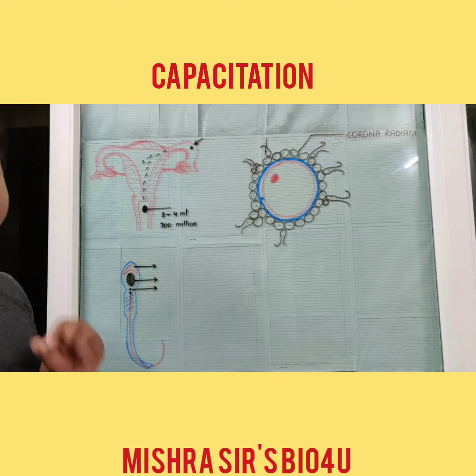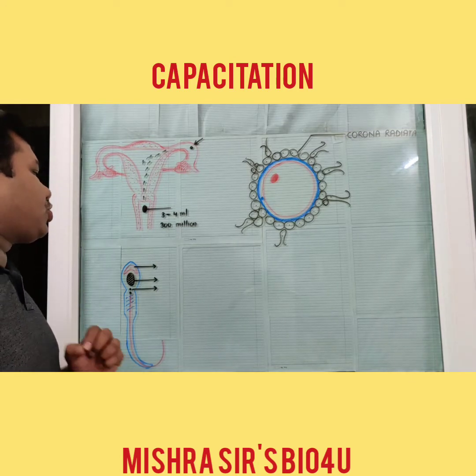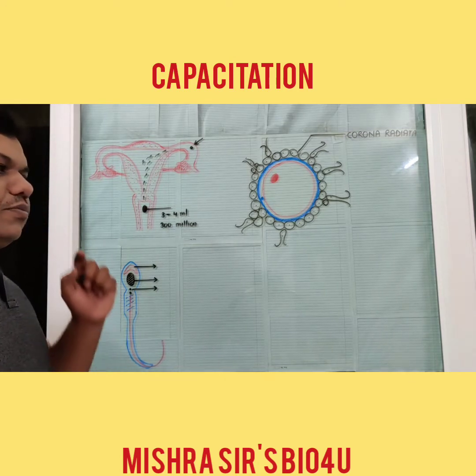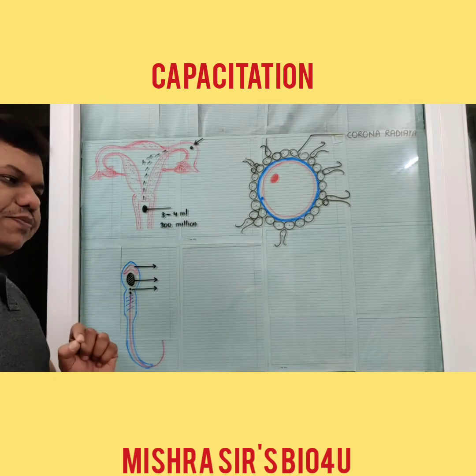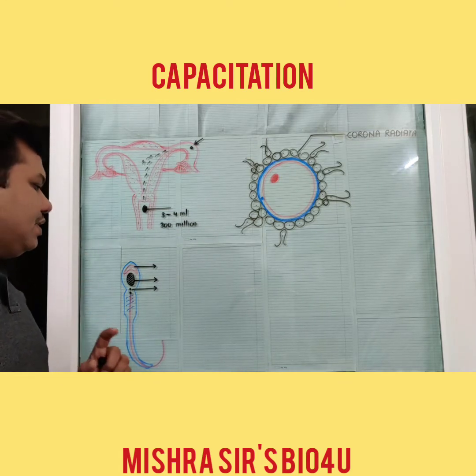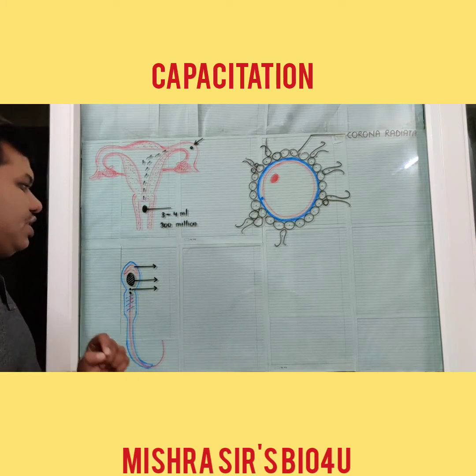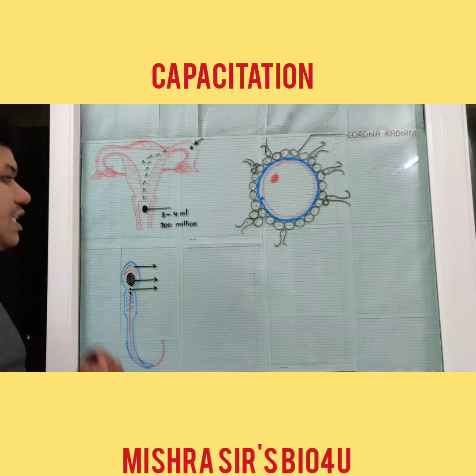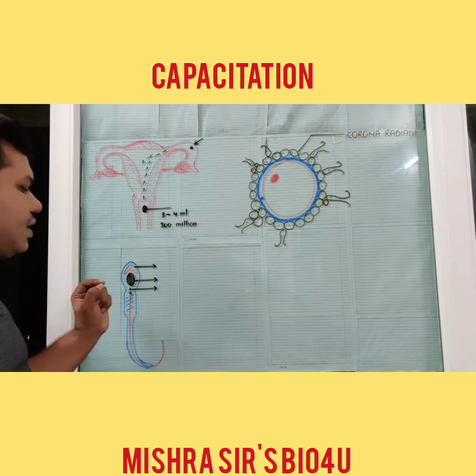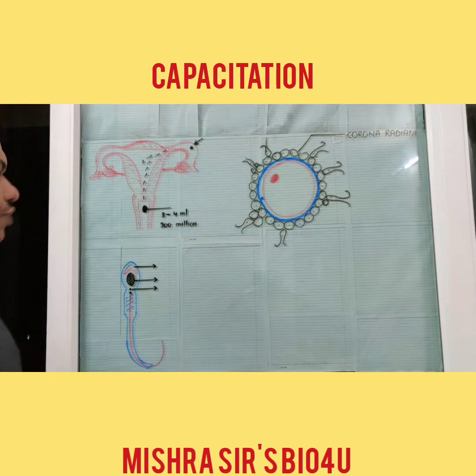Capacitation is chemical maturation of sperm. Most of the maturation of the sperm completes in the epididymis. But remember, capacitation is a process which is a must for a sperm to become capable of fertilizing the ovum.